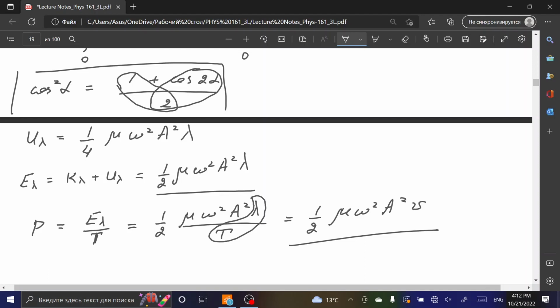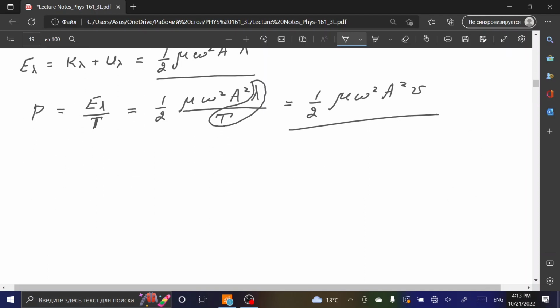So angular frequency and amplitude will define mostly the energy which is transferred by a wave traveling through a string per unit time. And that is actually valid for all other types of waves. Frequency and amplitude are the dominant factors which define how much energy is transferred by this wave.